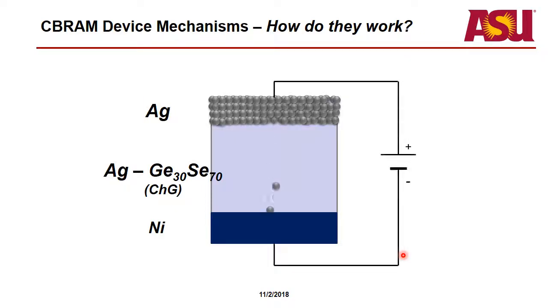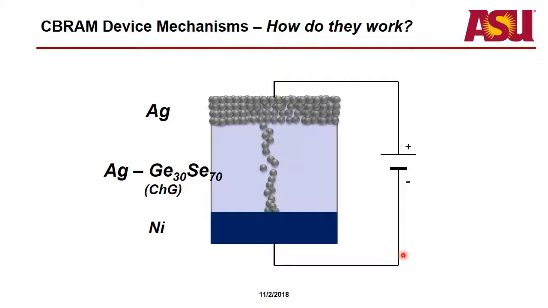Whenever we apply a positive bias to the anode, you oxidize the silver, meaning it loses an electron, and so now you have a positively charged silver ion, and it will migrate along the applied electric field to the cathode, which is the nickel contact, where it gains an electron and reduces, becoming metallic silver again.